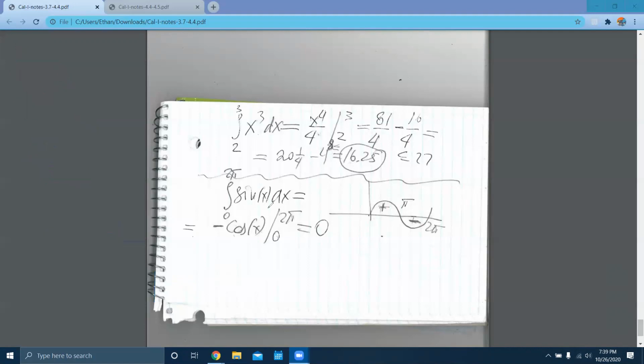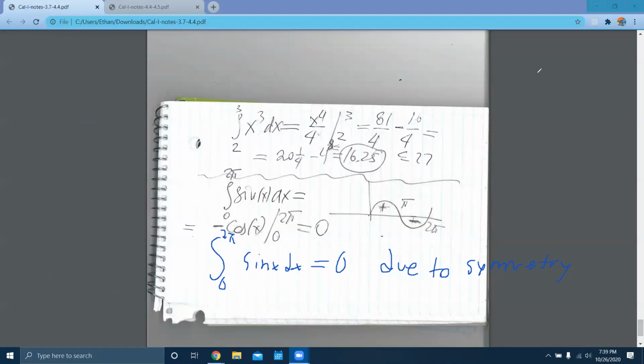And here's an interesting one. This is a cool one. The integral from 0 to 2 pi of sine of x dx. And this is going to be equal to 0, and you can say this due to symmetry. And here's the reason why.